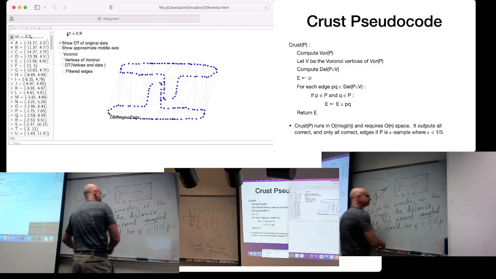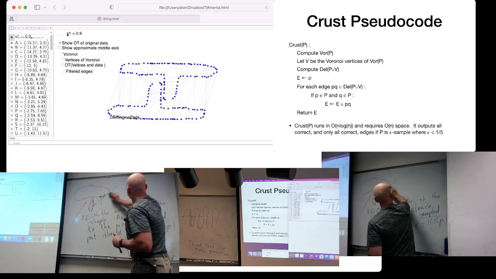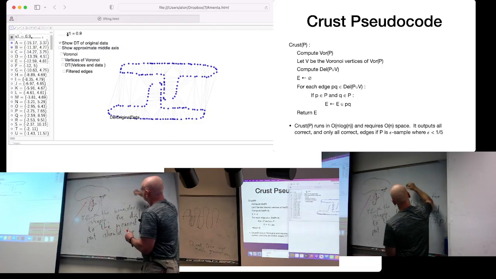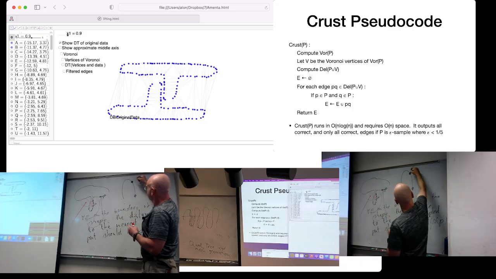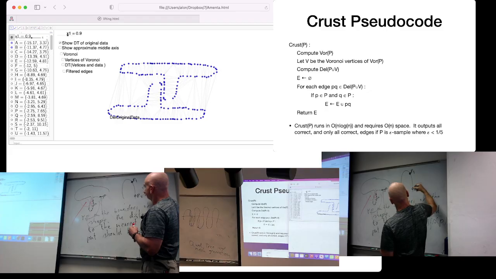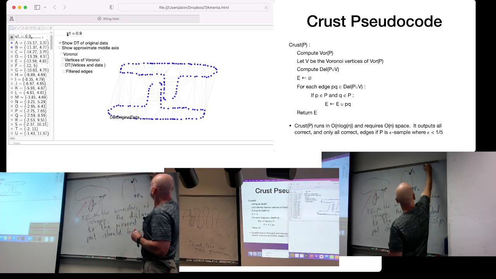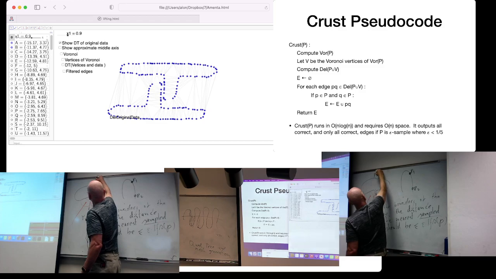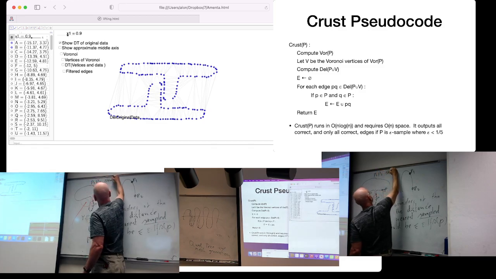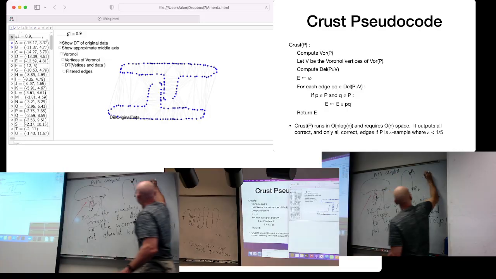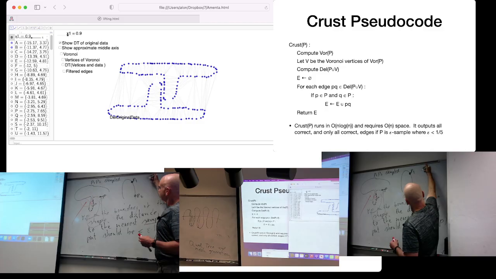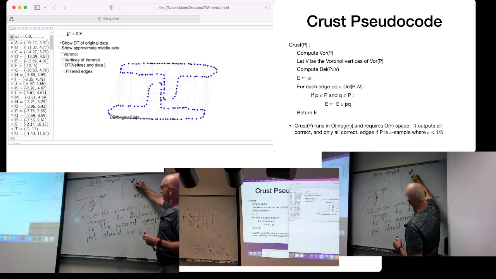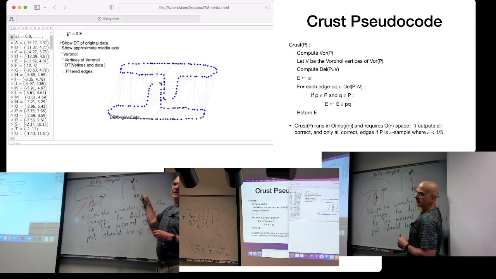Let's zoom in to see. Here is a sampled point. P1, P2 are sampled by my scanner, later used for 3D something. And I'm looking at a point Q over here. Will it appear along an edge of the Delaunay or not?